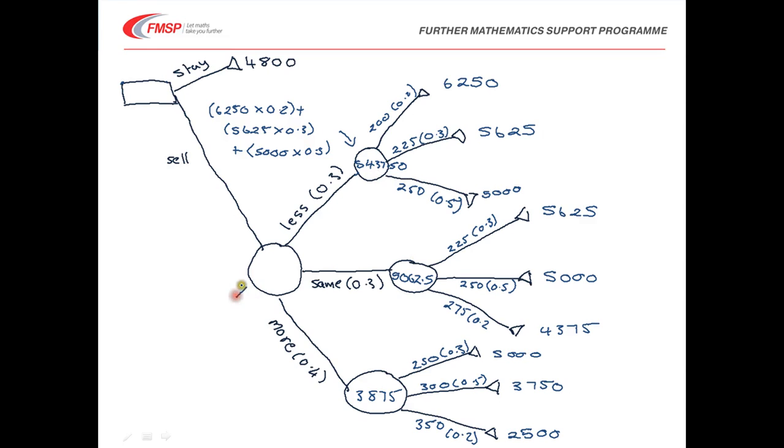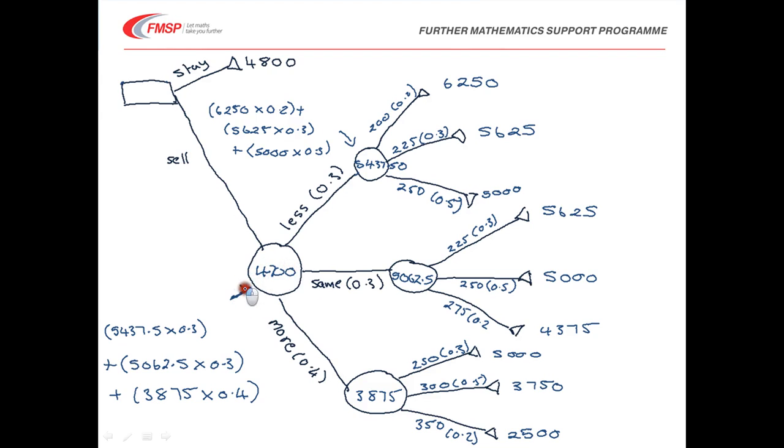And then we have to work back to the second chance node, where we take the results from the level we've just worked out and multiply those by the probabilities and add them all up. And when we do all of that, then what we end up with in this little box here is 4,700.